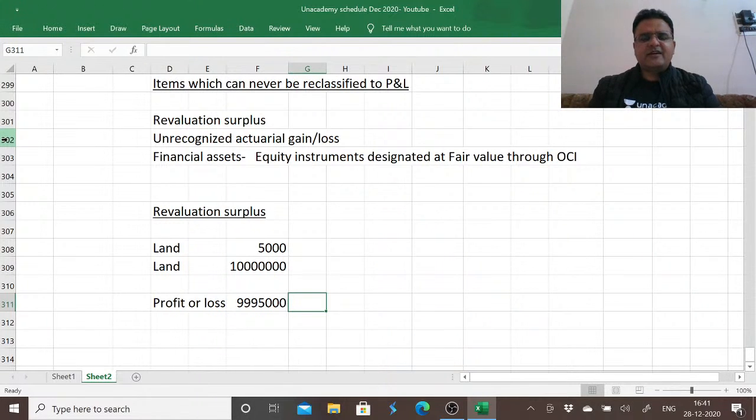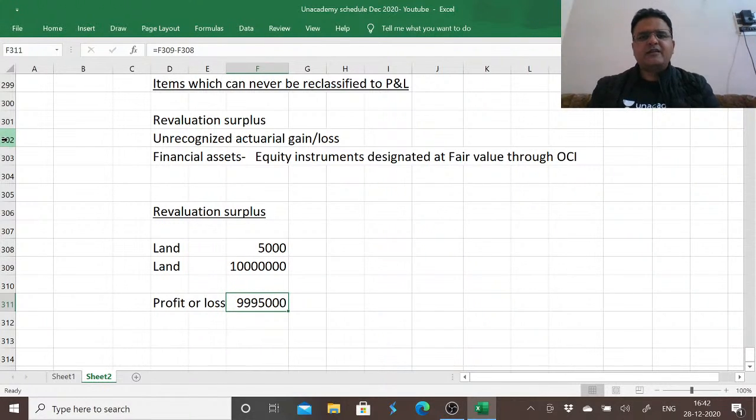So they notice that it is an unrealized gain, not realized yet. Instead, if we had sold this land, then we could say that the 5,000 worth of land was sold for 1 crore. We have realized a gain of 99,95,000. We are cash rich now, and if we are cash rich, there is no harm in paying the government as well to support the infrastructure in the form of taxes. But we don't have any cash with us.